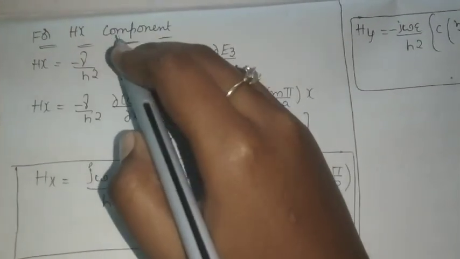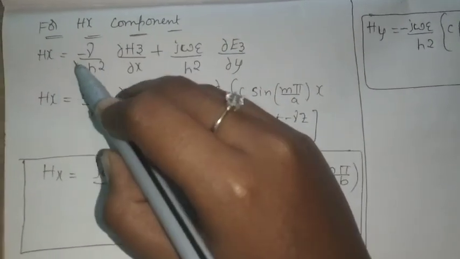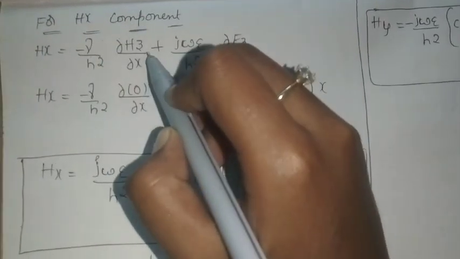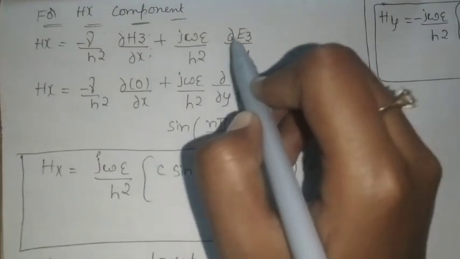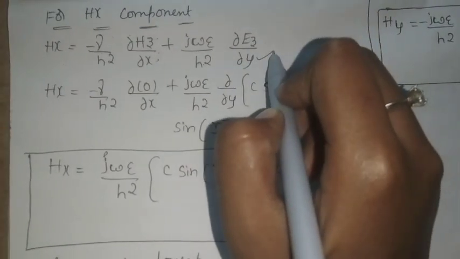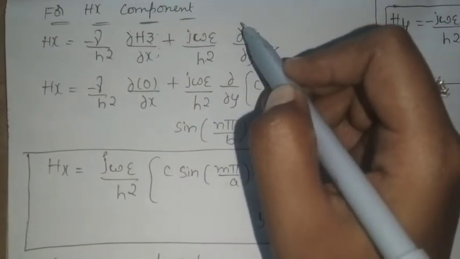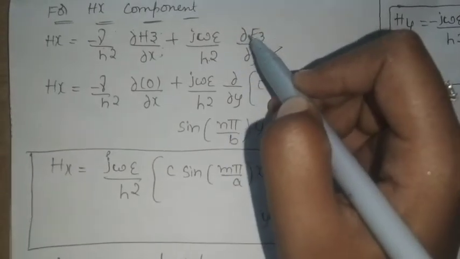Now for the Hx component, Hx = -γ/h² ∂Hz/∂x + jωε/h² ∂Ez/∂y. This is the expression that we derived from the propagation of waves in waveguide.